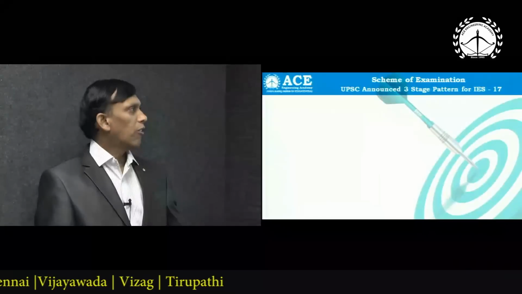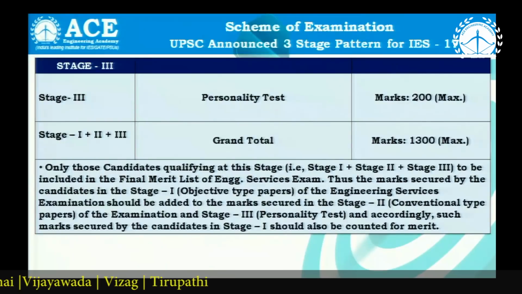Stage 3, the personality test as usual, has 200 marks weightage. So all 3 stages together carry 1300 marks.